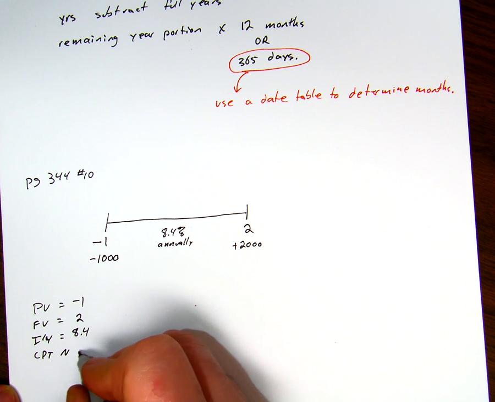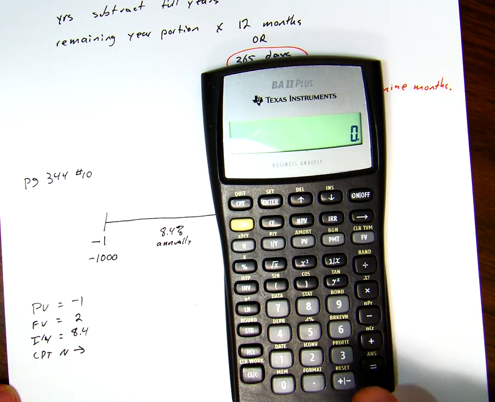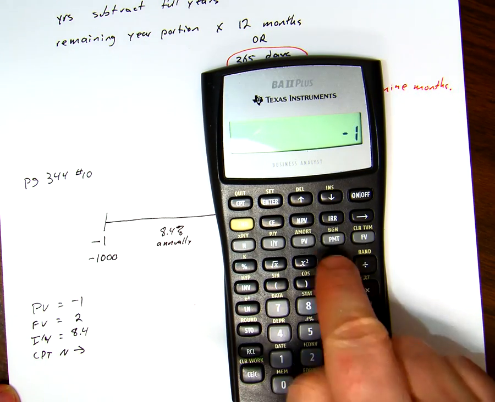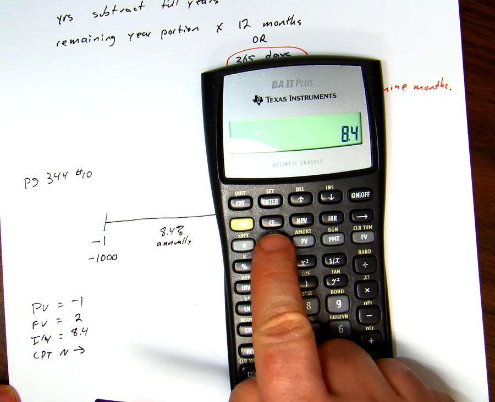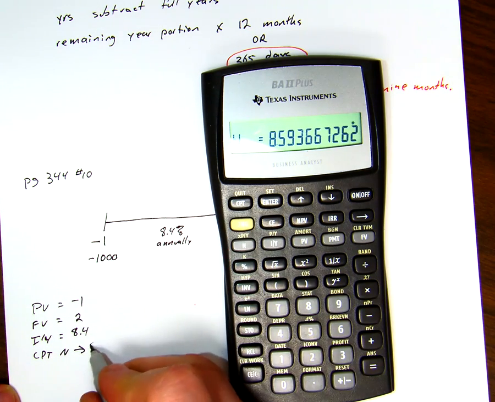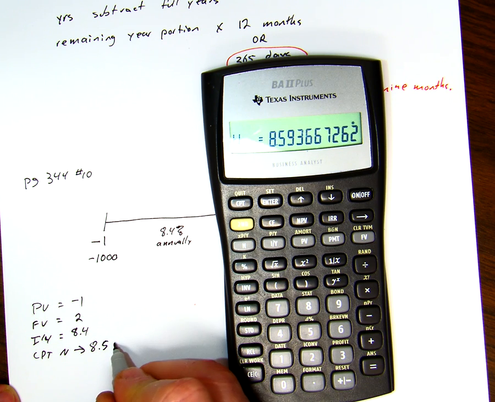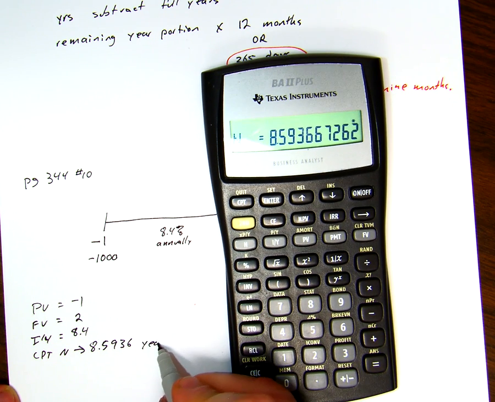And we're going to compute N. Negative 1 present value, 2 future value, 8.4 I per Y, compute N, and it says 8.5936 years.